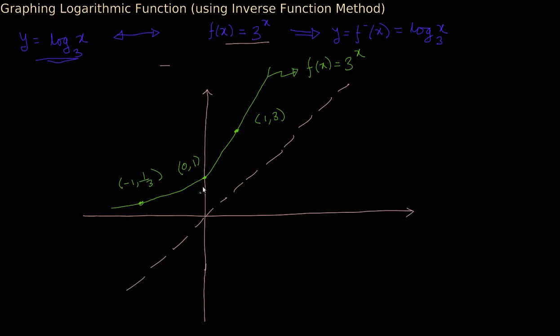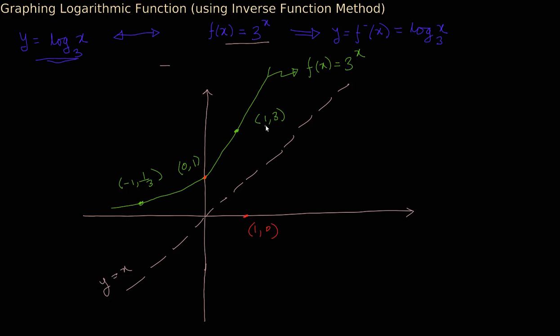So my function is going to be the mirror image about this line y equals x. And also previously we have seen that I just need to flip those coordinates. So this is 0, 1. The mirror one will be 1, 0. So I'm flipping the coordinates.